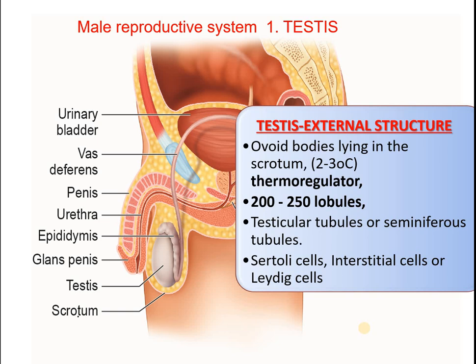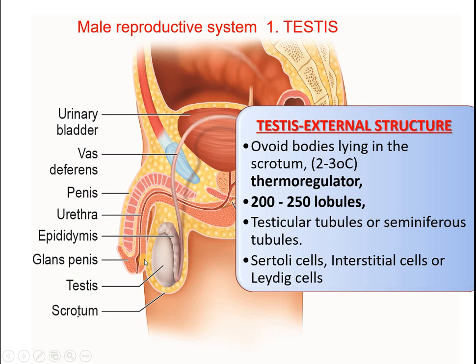Now we see in detail one by one. First one, the testes. The external structure of the testes. Students, you know very well, it is somewhat ovoid in nature, and it is present in the scrotal sac.